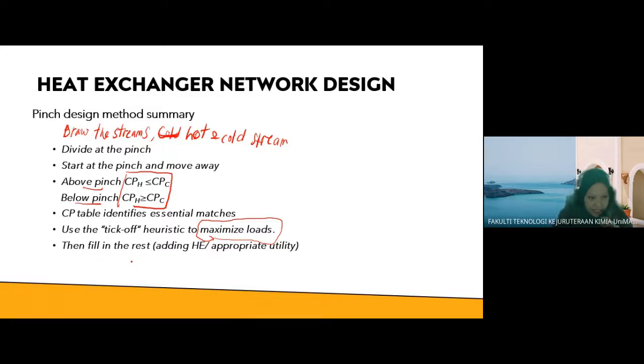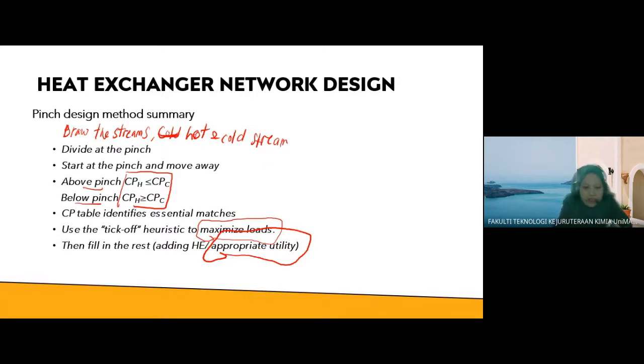And then fill the rest, meaning that you need to add additional heat exchangers if the duty is not fulfilled by the current heat exchanger pairing. And then you can also locate the appropriate utilities. But then you need to also follow the rule just now: no external cooler at the area above the pinch, and no external heating utility at the area below the pinch.